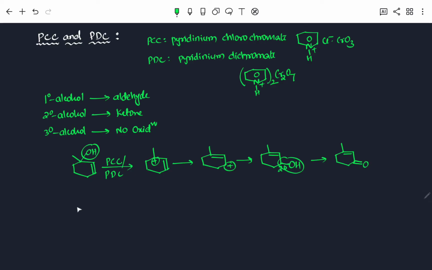Similar example, cyclopropane. So cyclopropane also behaves like an alkene. So it undergoes oxidation like this when we use PCC or PDC. Initially a carbocation is formed, and this carbocation forms a stable C plus because of the ring opening.